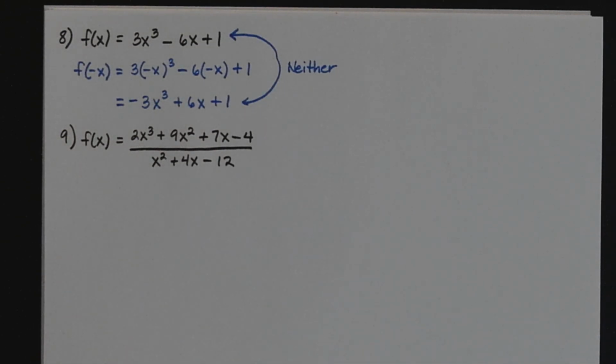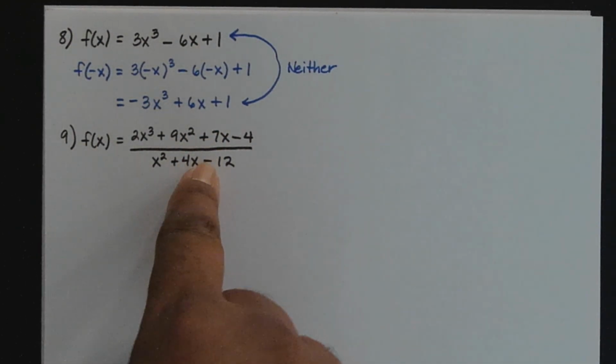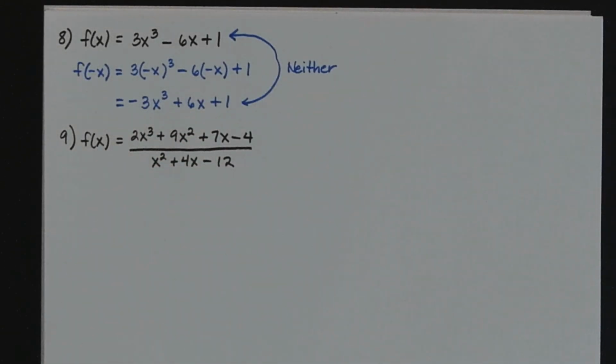What type of function do I have here? Or who remembers what type of function do I have? Do I have a polynomial function, a rational function, or a radical function? Rational, because I have a numerator and a denominator, and there are variables in the denominator.